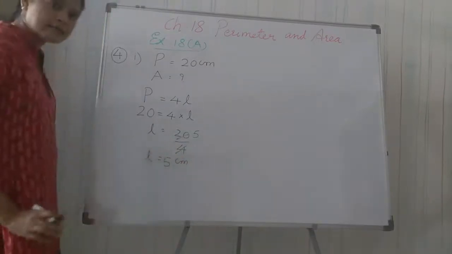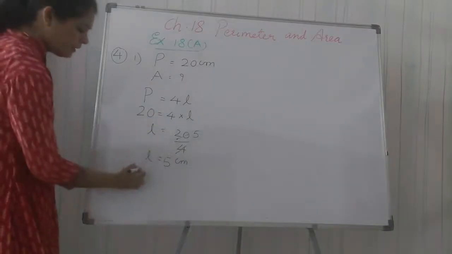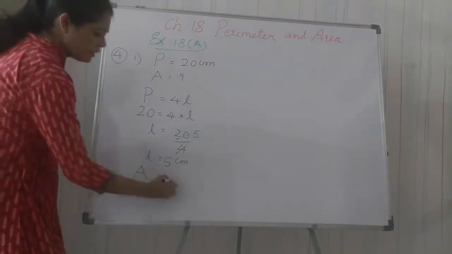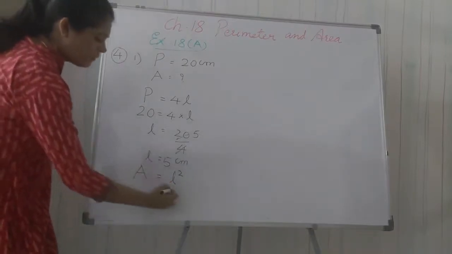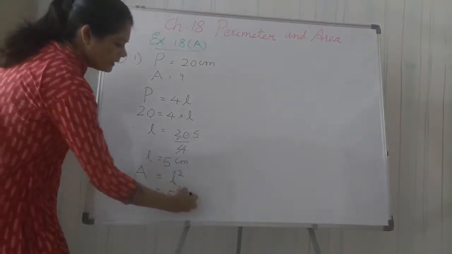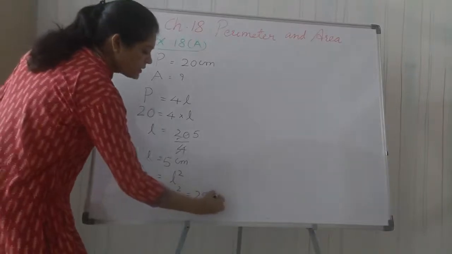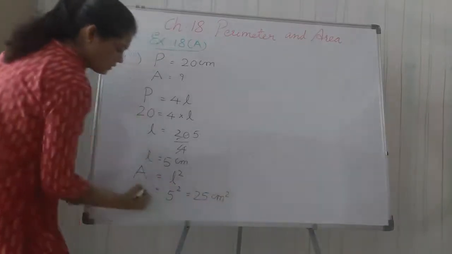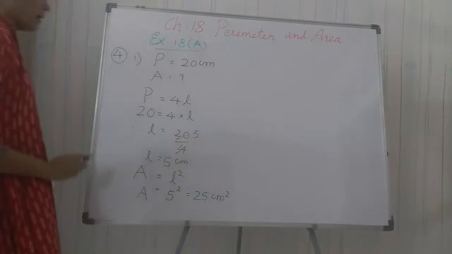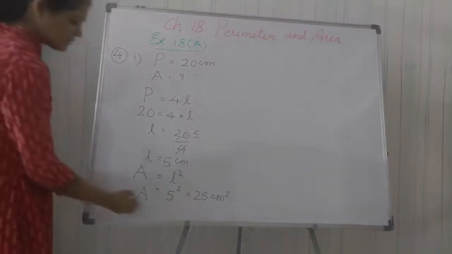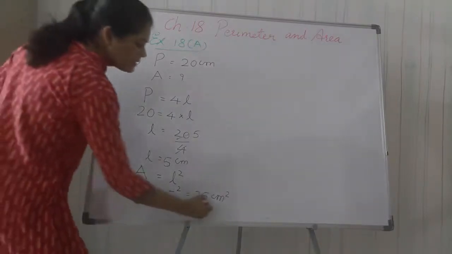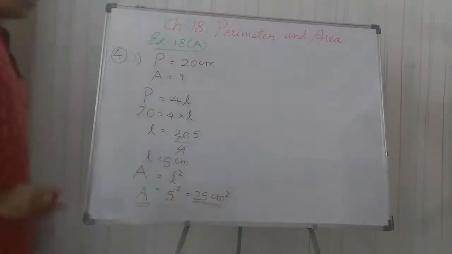Now to get our area, the formula for area is L square, and the length we found is 5, so 5 square, that is 25 centimeters square. So here we get our area. The first answer of question number 4 is solved, and we found the area as 25 centimeter square.